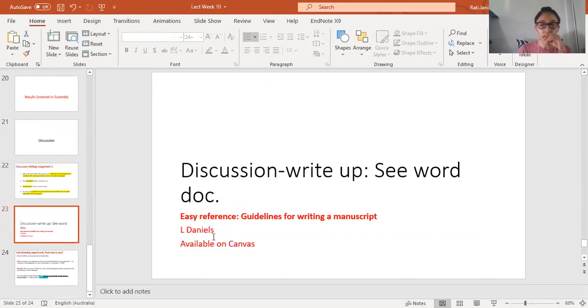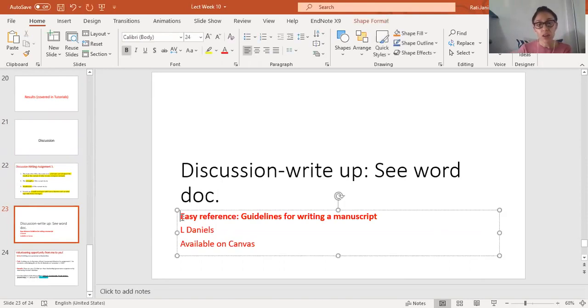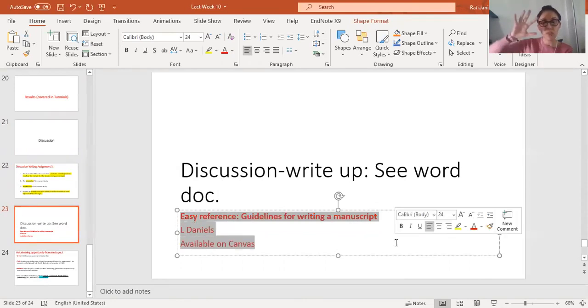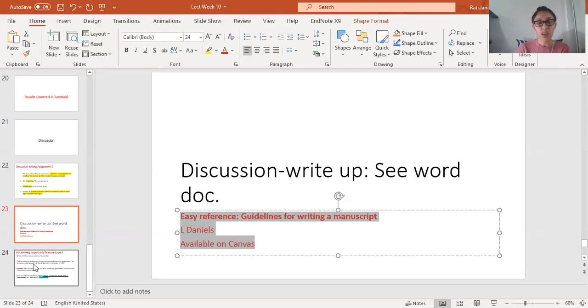And guys, on your Canvas under the module, my supervisor had given me this Word document where she had summarized all of these guidelines on how to write a manuscript. I'm sharing it with you in case it helps you to write a good manuscript, meaning a good introduction, method, results, discussion, all of that. That is just an additional FYI resource.